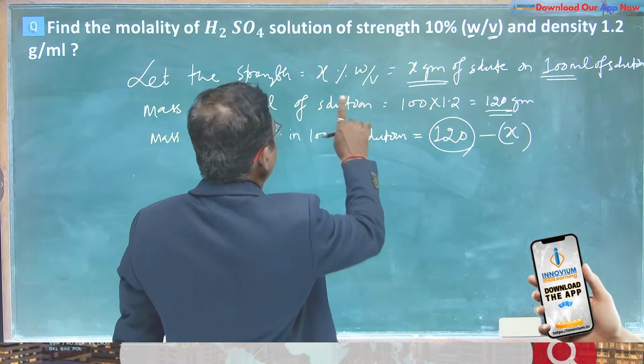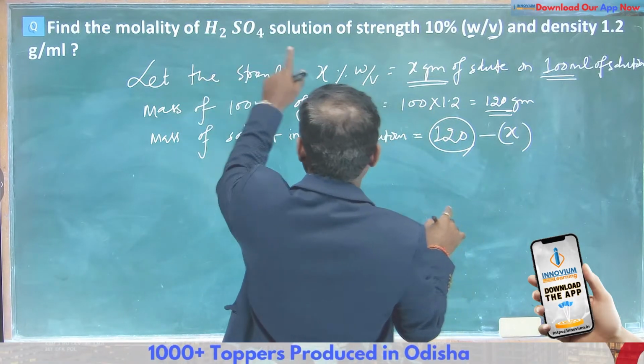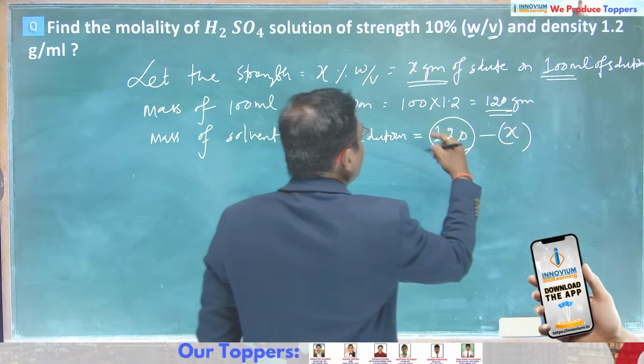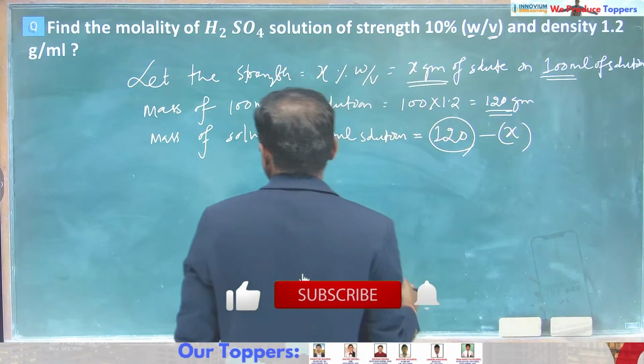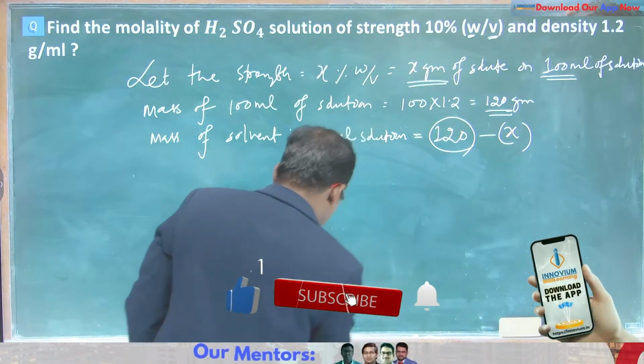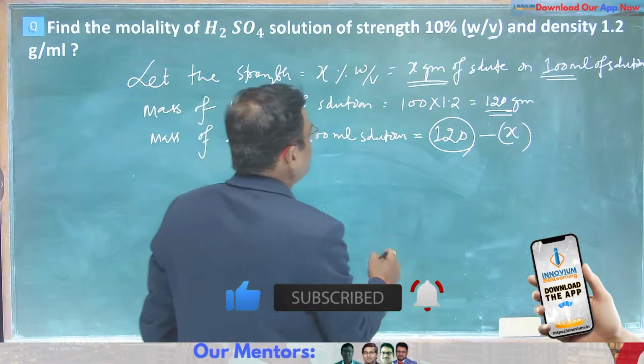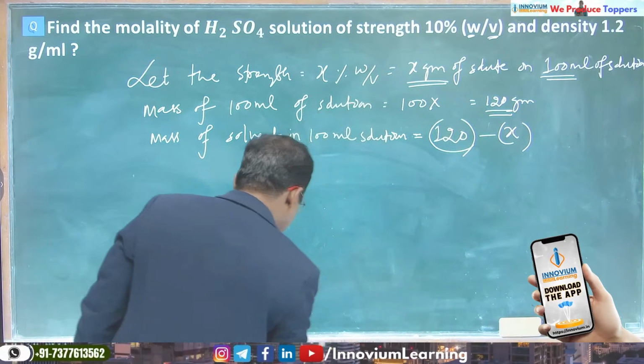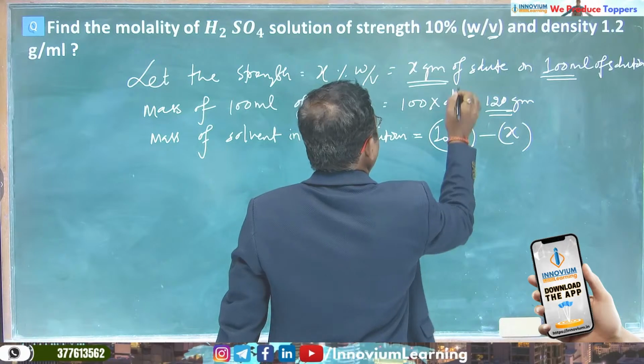Here, actually, this is the general formula. So if we are considering the general formula, we can take the density as d gram per ml.